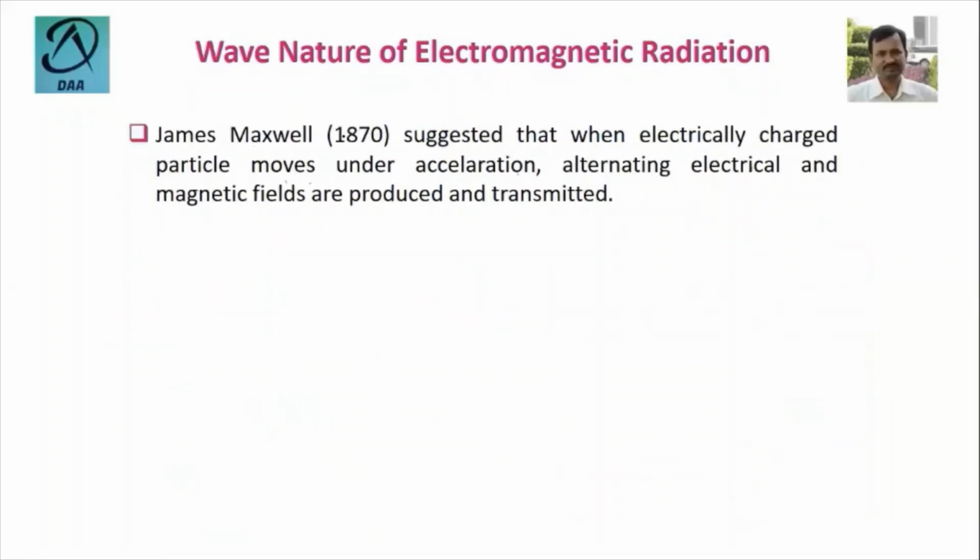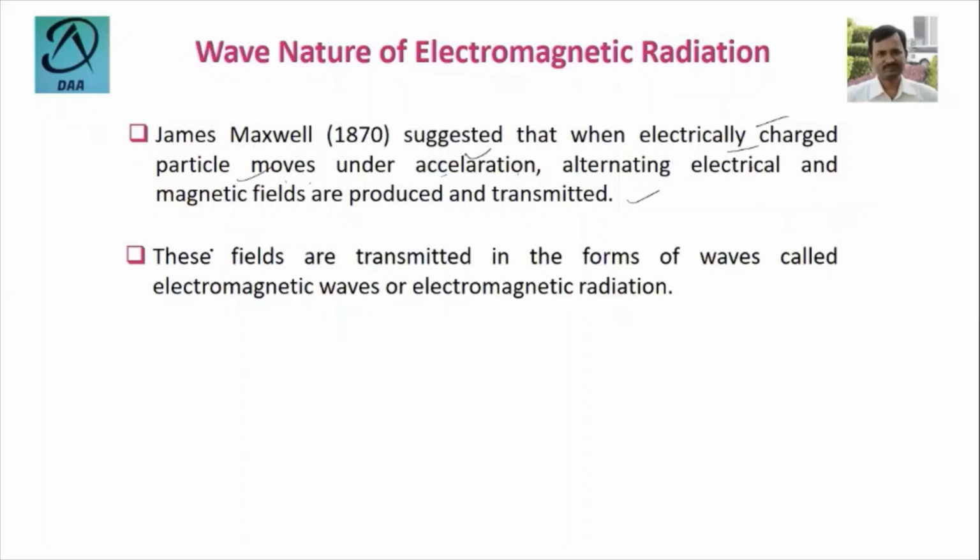Maxwell suggested that when electrically charged particles move under acceleration, alternating electric and magnetic fields are produced and transmitted. These electric and magnetic fields are transmitted in the form of waves, which are called electromagnetic waves or electromagnetic radiation.